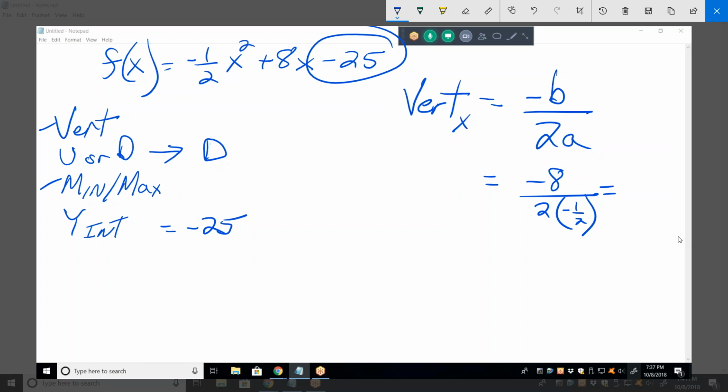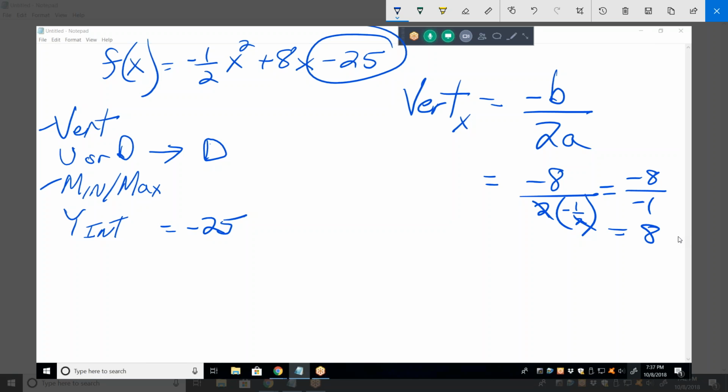So that would be equal to 16? Nope. Do the denominator first. Okay, so the 2's cancel. And now we've got minus 8 over minus 1.